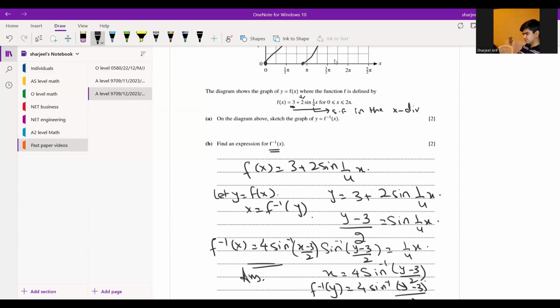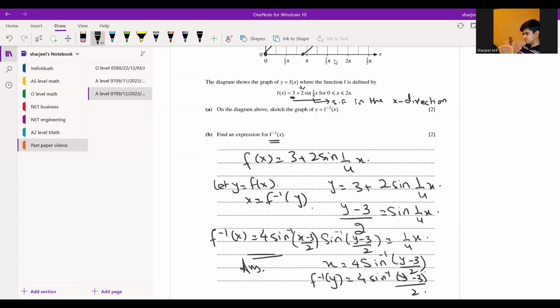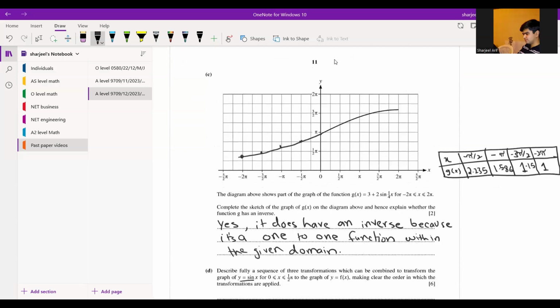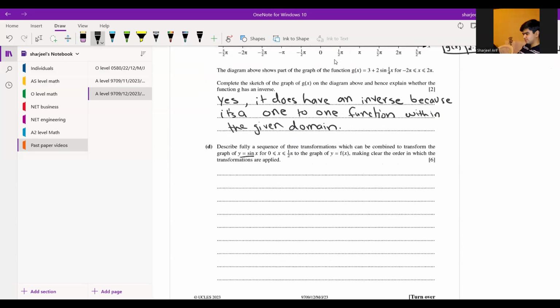So just memorize it. Whenever there is a number multiplied or divided with the angle after the sine, it's in the x direction. And if it is before the trigonometric function, then it will be in the y direction. And if something is added or subtracted, it means it's moved up or down. So it's a translation, right, left.